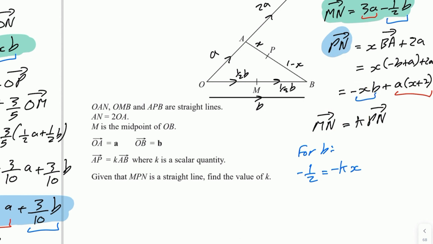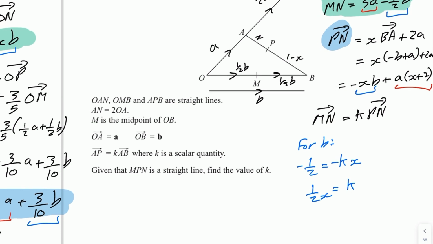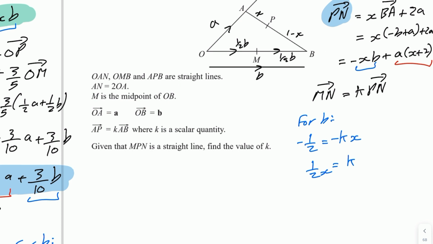So k is just going to be, well, there'll be no negative, then everything just cancels out, so it'll just be a half x is equal to k. So I now know what k is, so I can write the equation for a. For a, looking at what I've underlined, 3 is equal to k times x plus 2.